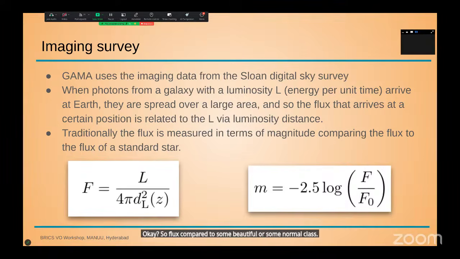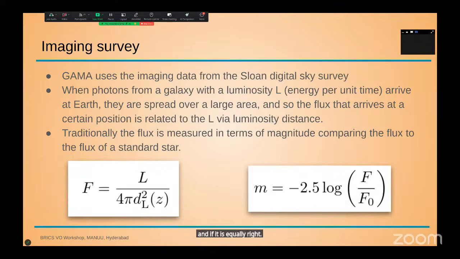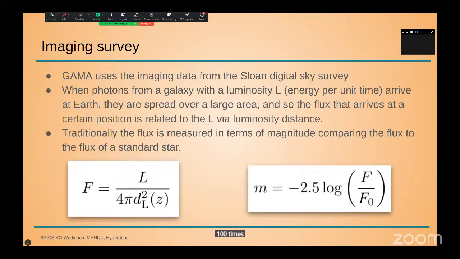That is what typically in the early days people used to compare the brightness of one star compared to some other star. And if it is equally bright, then it has the same magnitude. If it is 10 times fainter, then it's something else and so on. If it is 100 times fainter, then a 5 magnitude difference is how this scale is defined.